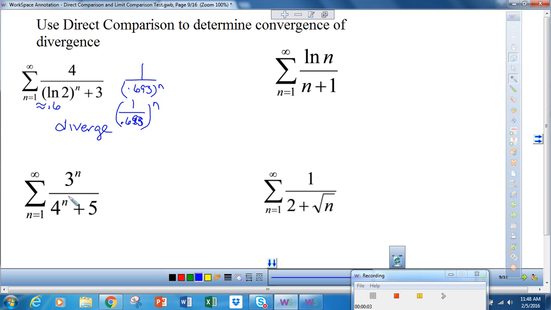This one looks like 3/4 to the n. And we know by geometric series that 3/4 to the n will converge because it's geometric. So what I have to prove is that 3 to the nth over 4 to the nth plus 5 is smaller than 3 to the nth over 4 to the nth.